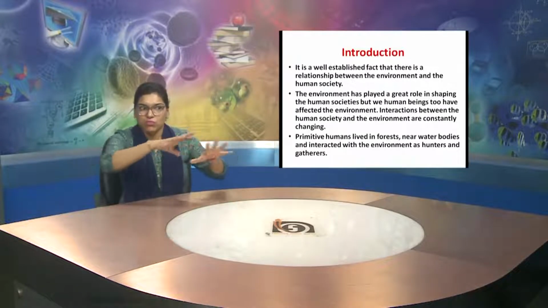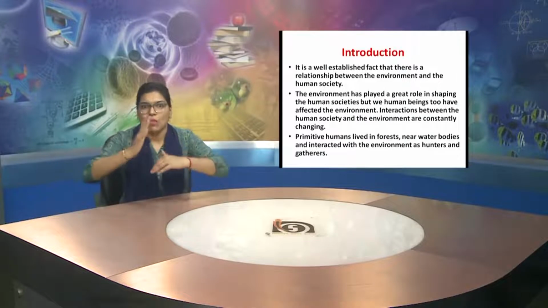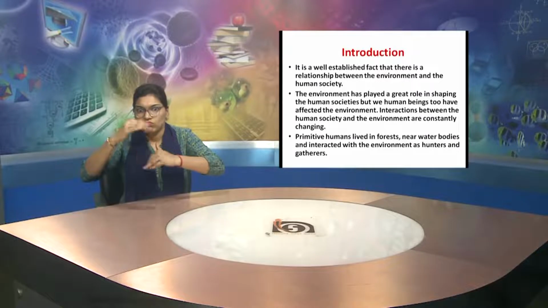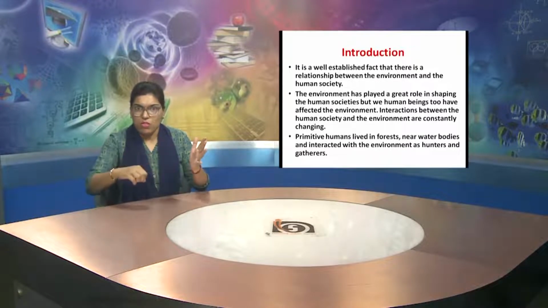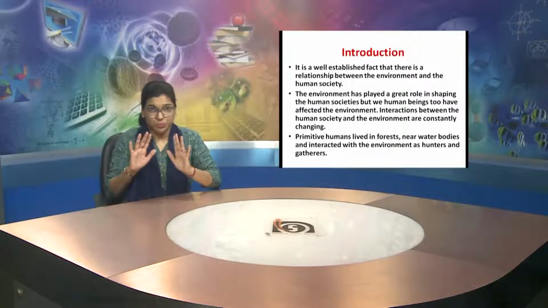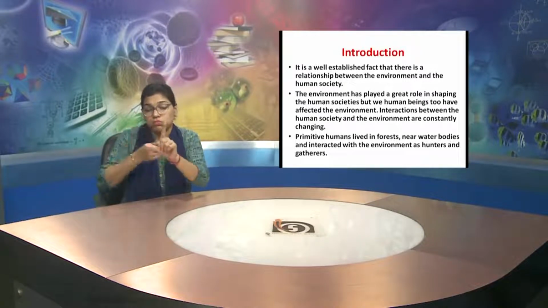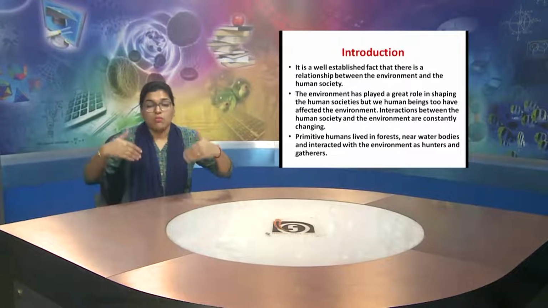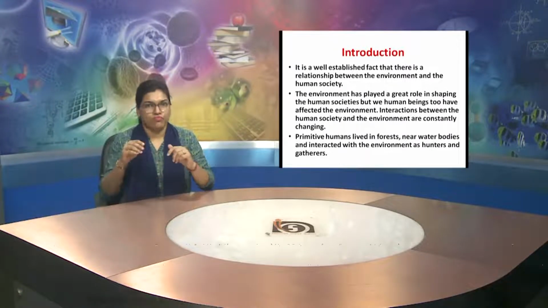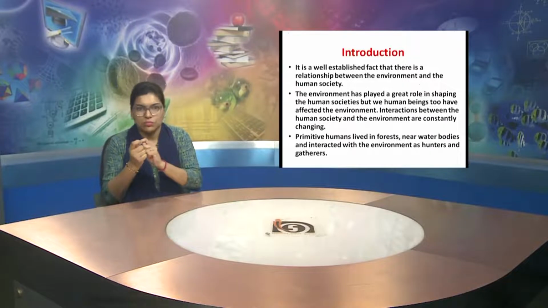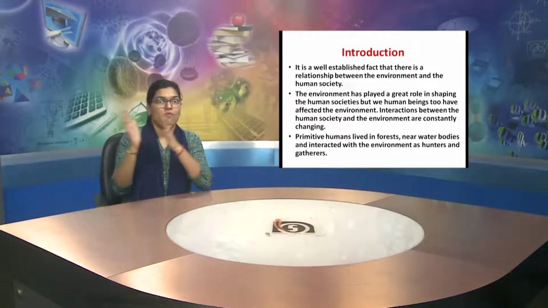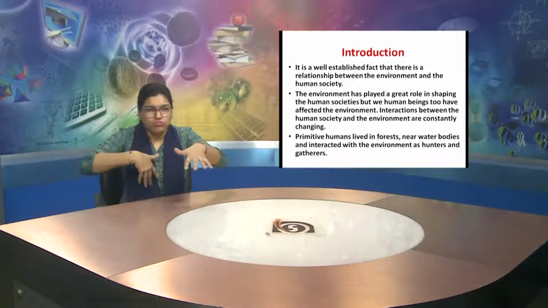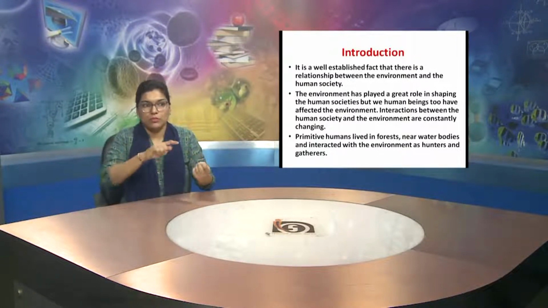Like, humans cut so many trees and use those resources for making their buildings and constructions. So there is an equal give and take among both. Accordingly, there is interaction between the human society and the environment, and it is constantly occurring.